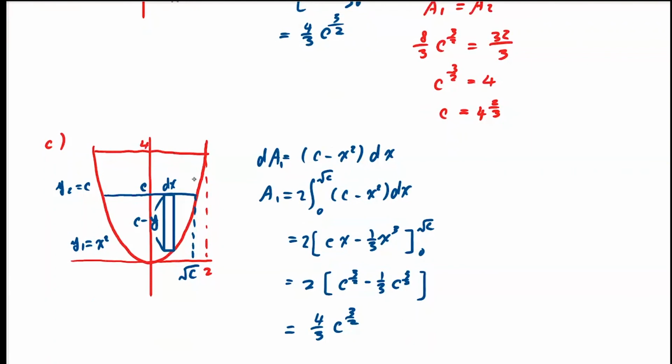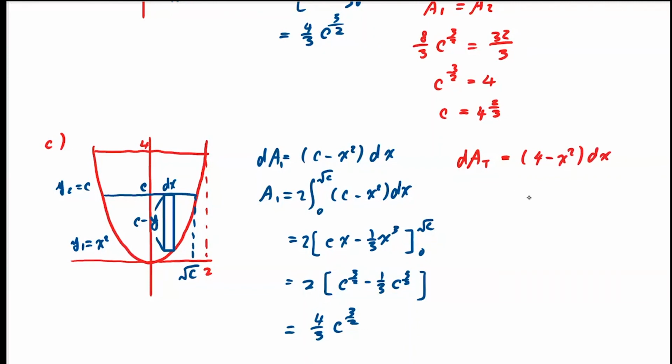The other side is a headache, isn't it? And this part creates a partitioning problem. So instead of doing it that way, what I'm going to do is calculate the total area. Total area must be from here to there, you know what I'm saying? So it'll be 4 minus x squared instead of c minus x squared.